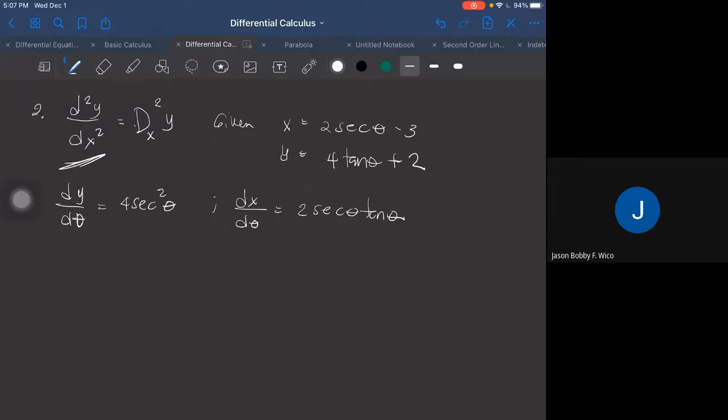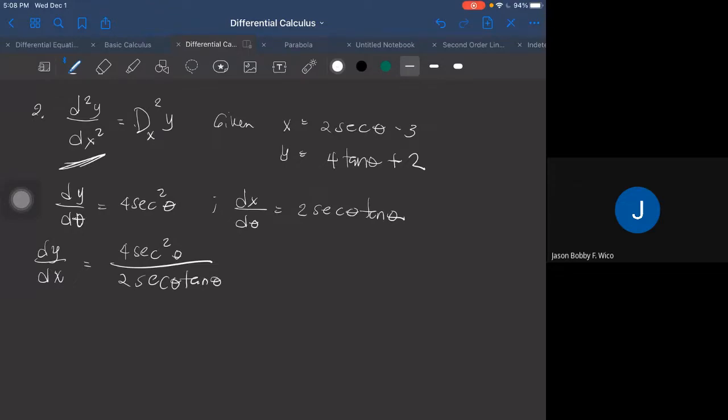So that your first derivative of y with respect to x is the quotient or the ratio of dy d theta and dx d theta, which is this one.